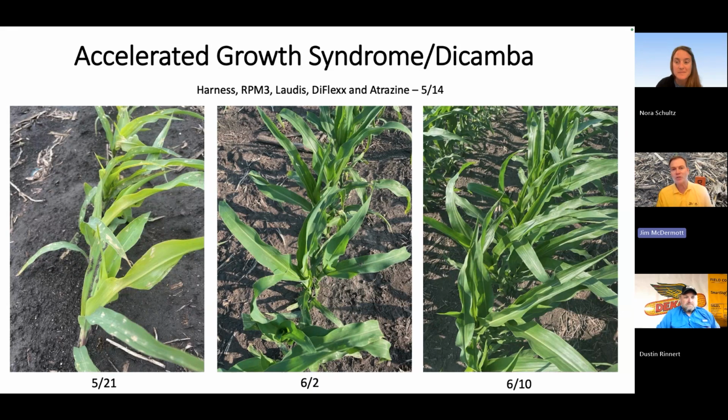And knowing that we're starting to form our kernels at about V5, V6, it's nice to have that spraying wrapped up by then, no matter what we're doing. Especially if we're starting to really get some of that yellow flash in the whirl. So hopefully we've got enough of a window that we're going to be wrapping up these corn post sprays soon.